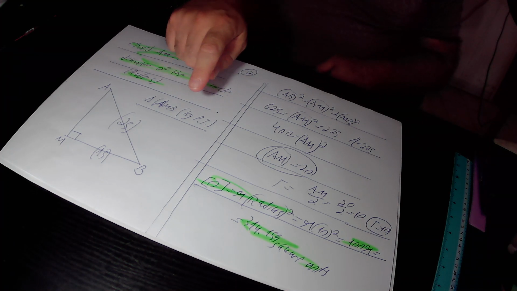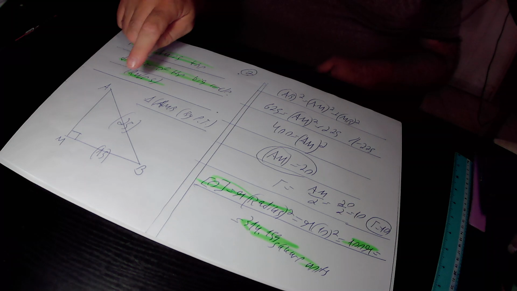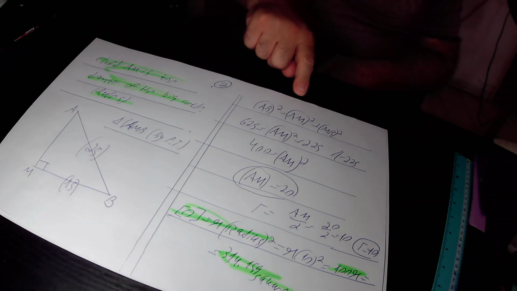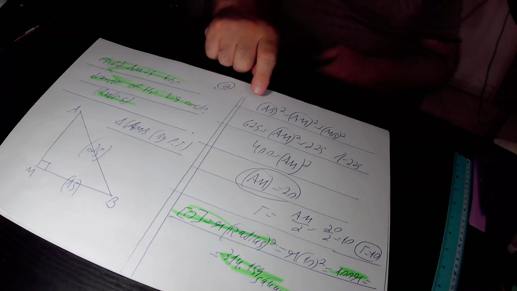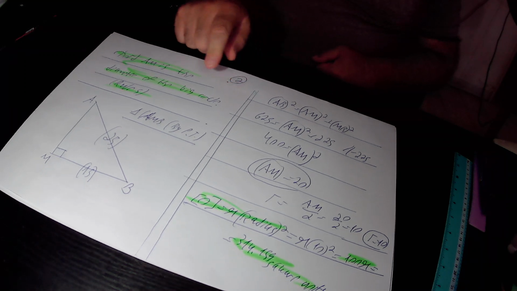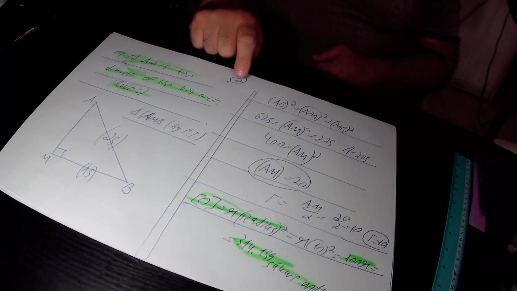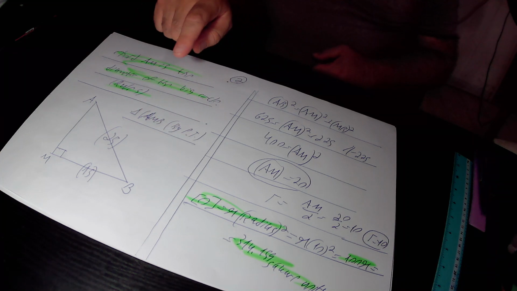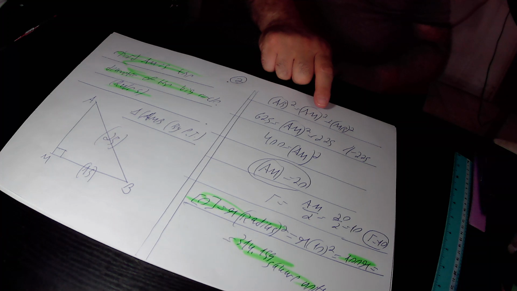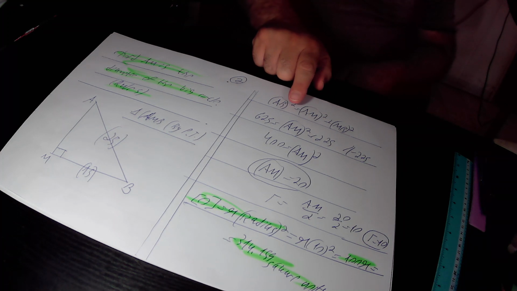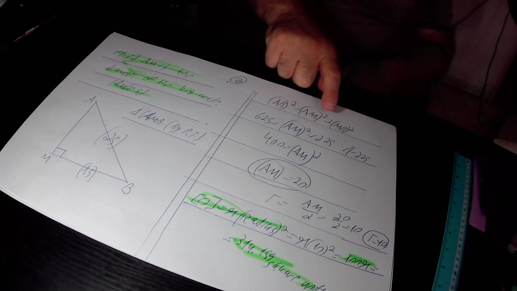AB square, that is the square of the hypotenuse, must be equal to AM square plus MB square. AB is 25, therefore AB square is 25 square, that is 625, and it is equal to AM square, the missing side, plus MB square. MB is 15, therefore MB square is 15 square, that is 225. So 625 equals AM square plus 225.